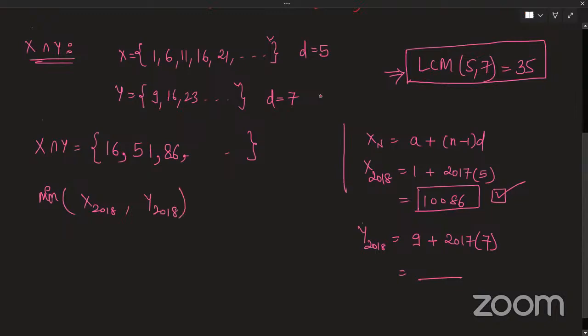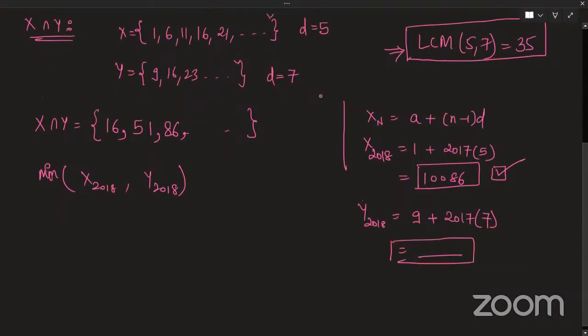I know whatever my value of y 2018 comes, it will definitely be larger than this value. Why do I know this? Because my a is also higher and my d is also higher. It is starting from a higher value and taking longer jumps. So I can for sure say that my x of 2018 will definitely be my lower value, right?